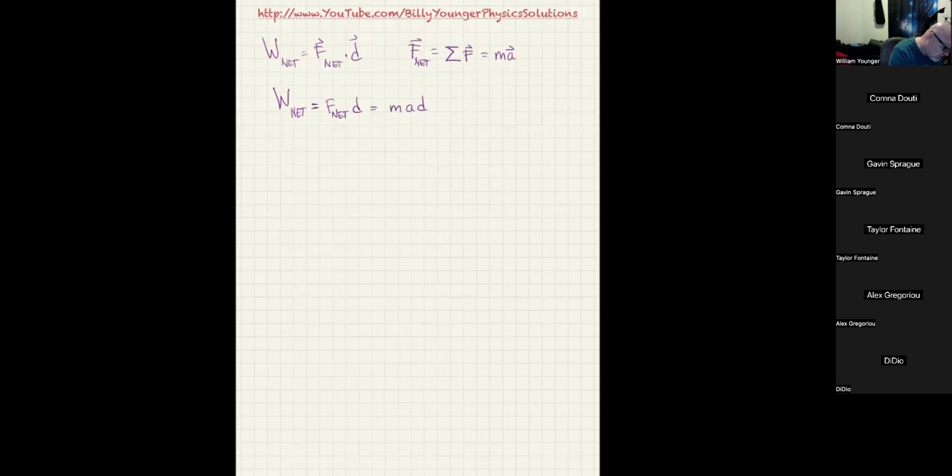Now that's kind of interesting because we know from kinematics that we had this wonderful equation, the final velocity squared is equal to the initial velocity squared plus 2 times a times, and we'd normally say x minus x0, but I'm just going to call it D. Now you can see that with that, I can just say a times D is in fact equal to V final squared minus V initial squared over 2.